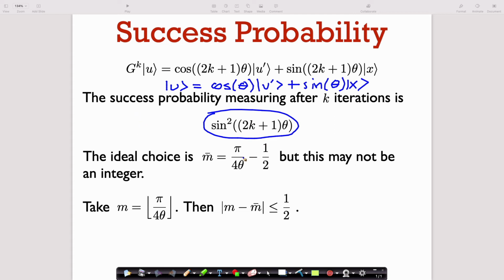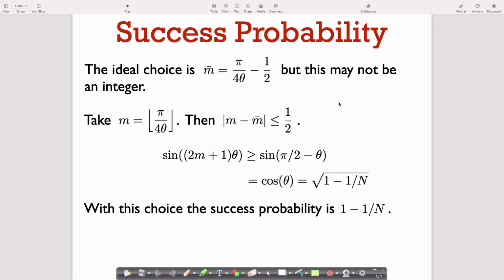Okay, so what we're actually going to do is to apply the Grover iterate m times, where m is just the floor of pi over 4 theta. Okay, so with this choice, the distance between m and the optimal choice m bar is always at most a half.